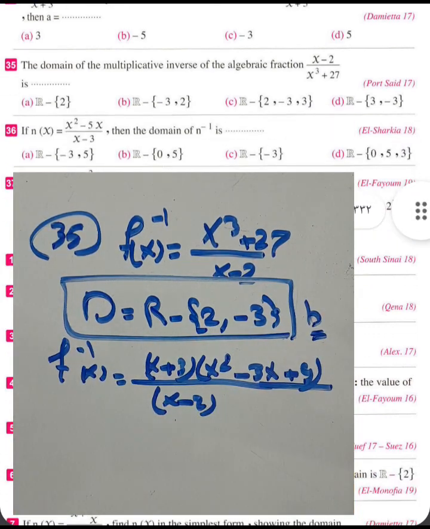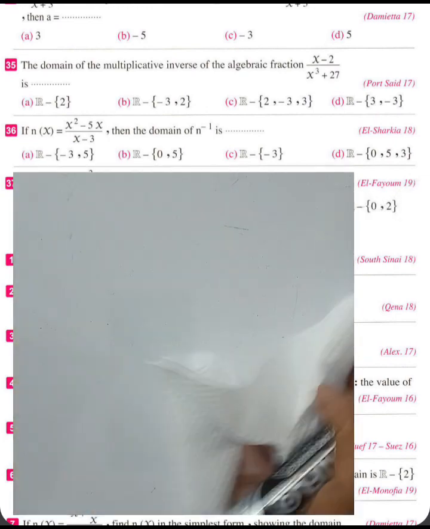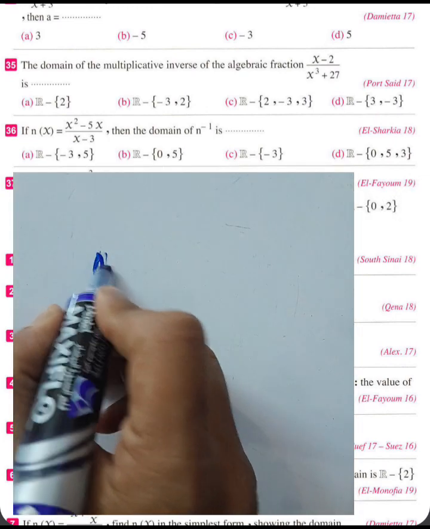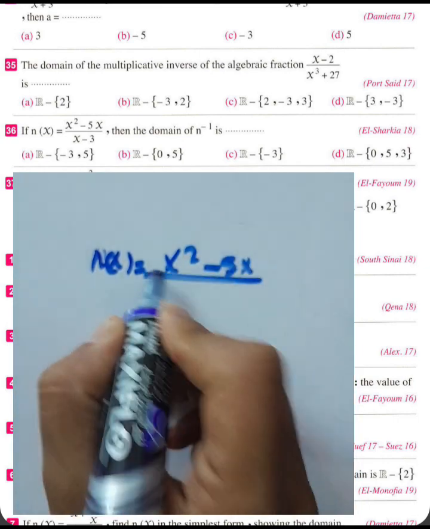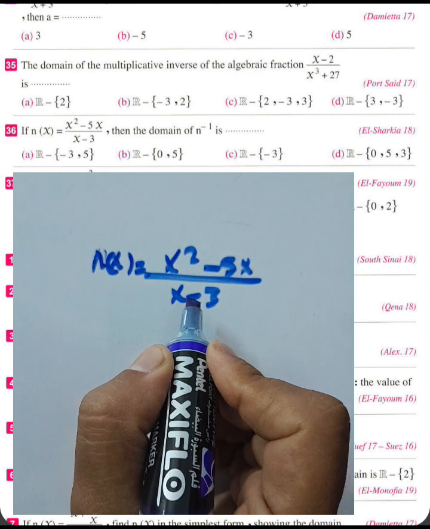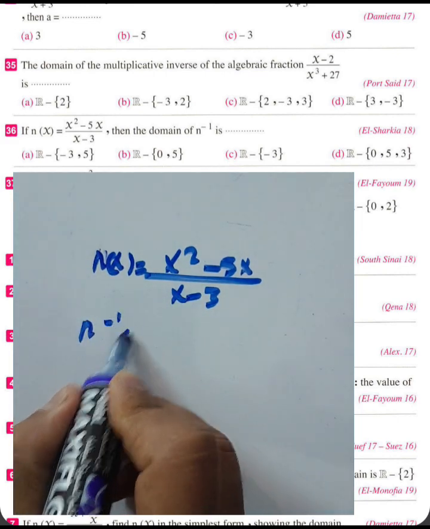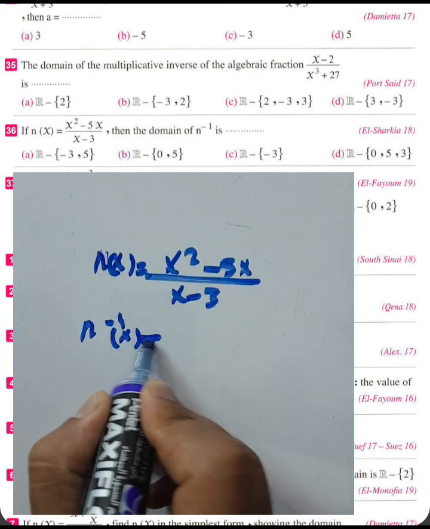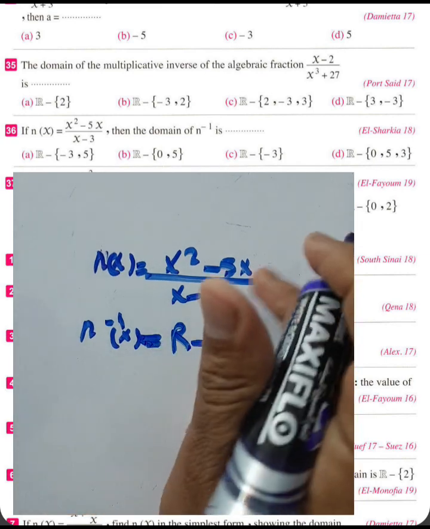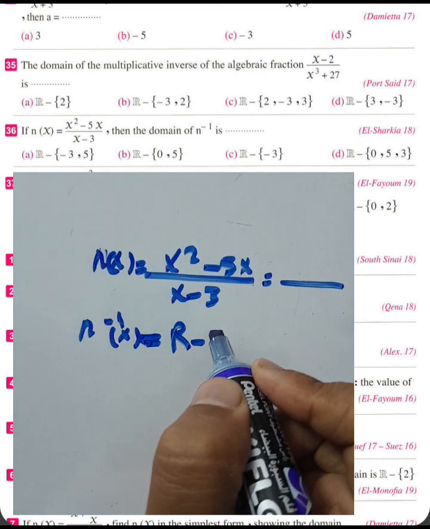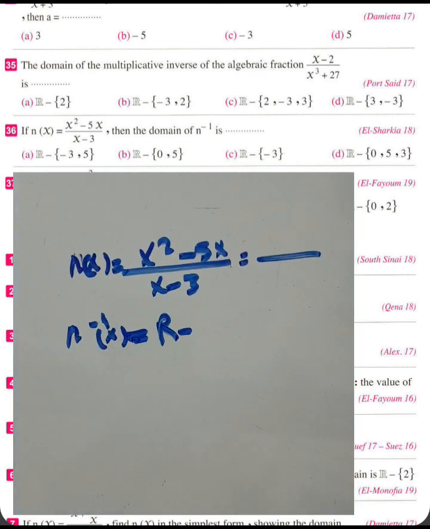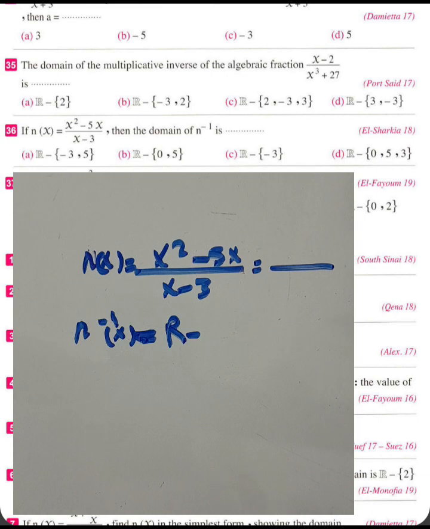Question 36. If n of x equals x power 2 subtract 5x over x minus 3, then the domain of n power negative 1 of this function will be R subtract the zeros of numerator and denominator. We can factorize this numerator and denominator. You can factorize by writing the highest common factor between the two terms.